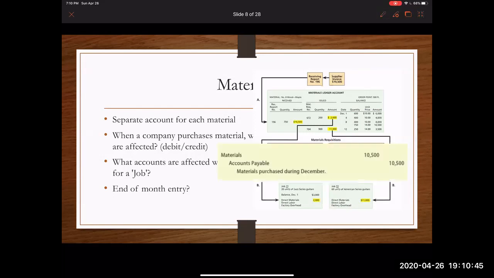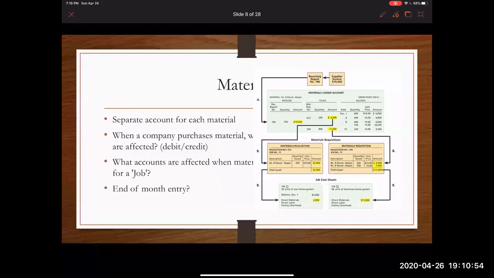All right, moving on. Here is what my journal entry would look like. I'm going to go back for a second to the last video, where we're targeting this part of the process.